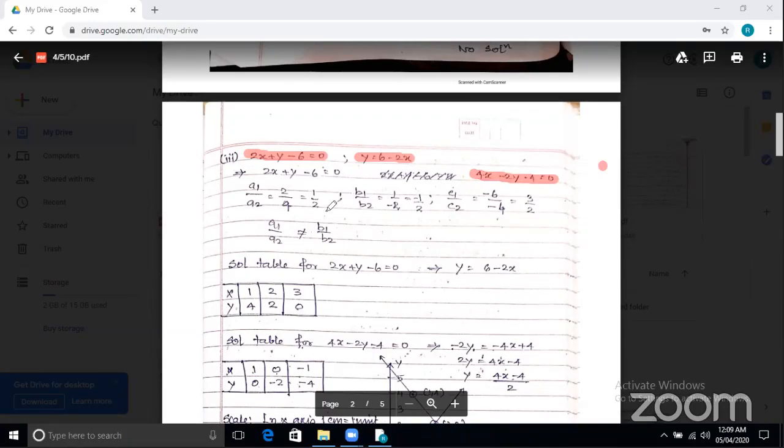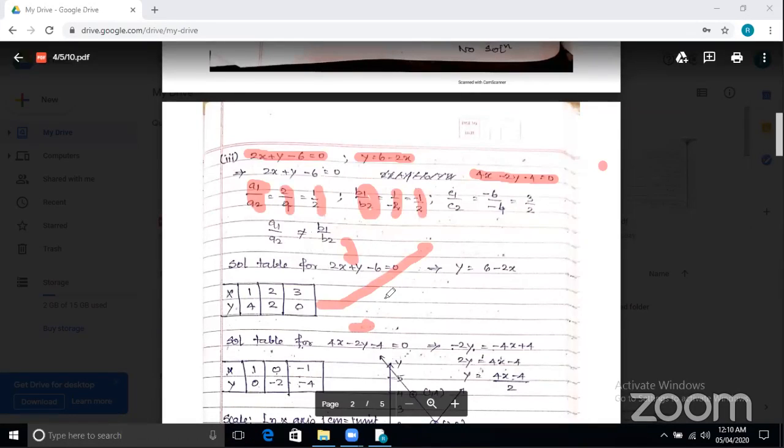Okay. Now, a1 by a2. What is a1 by a2? Equal to 2 by 4 is equal to 1 by 2. Any doubt? No doubt, sir. And b1 by b2 is equal to 1 by minus 2.